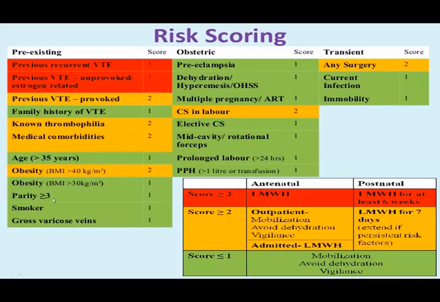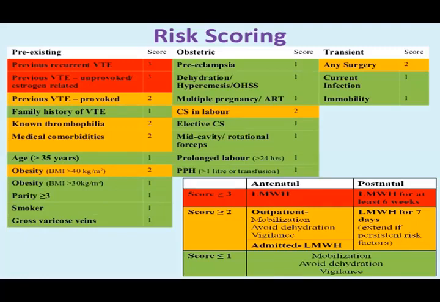And as we discussed earlier, age more than 35 years, obesity, parity, multiparas, smokers, and gross varicose veins all carry more risk. On the other hand, preeclampsia, hypertensive diseases, dehydration, ovarian hyperstimulation syndrome, multiple pregnancy resulting especially from artificial reproductive techniques, and emergency cesarean section in labor definitely carry greater risk.